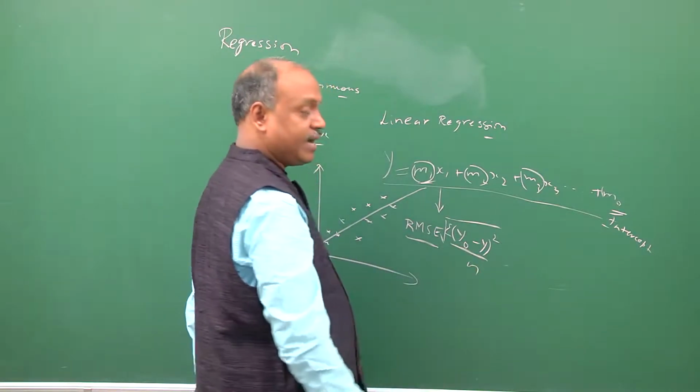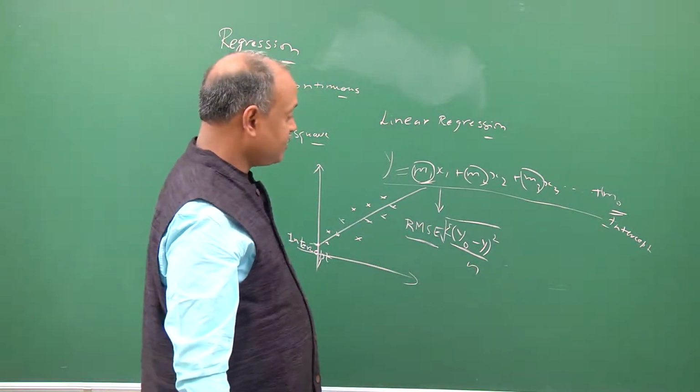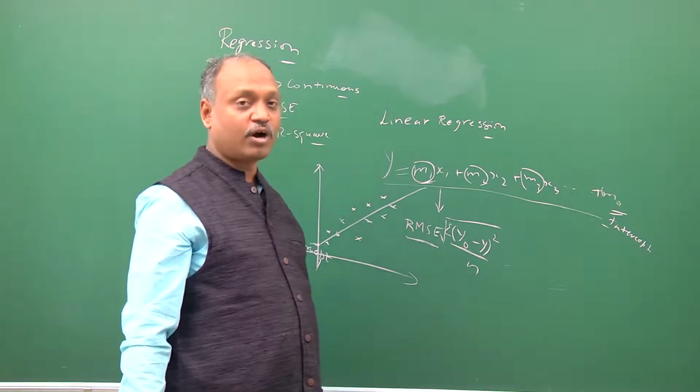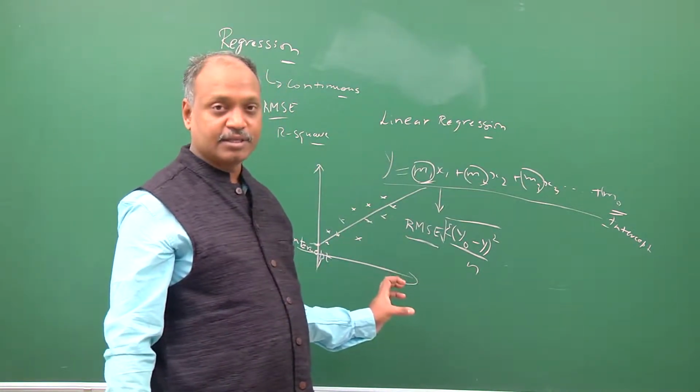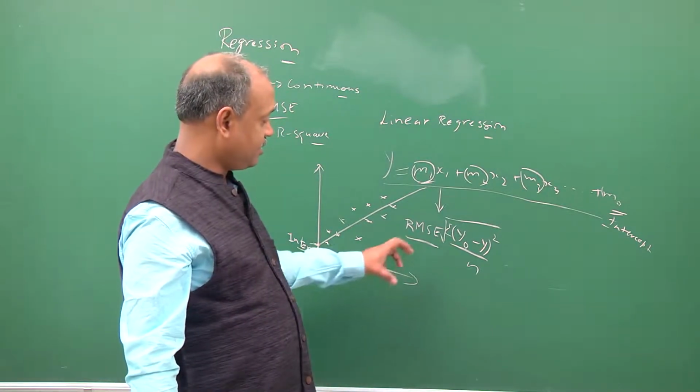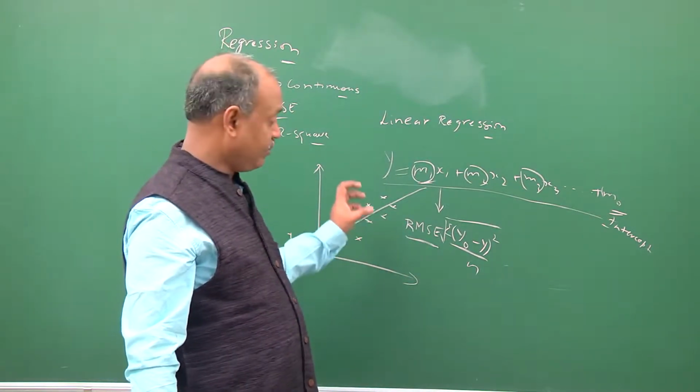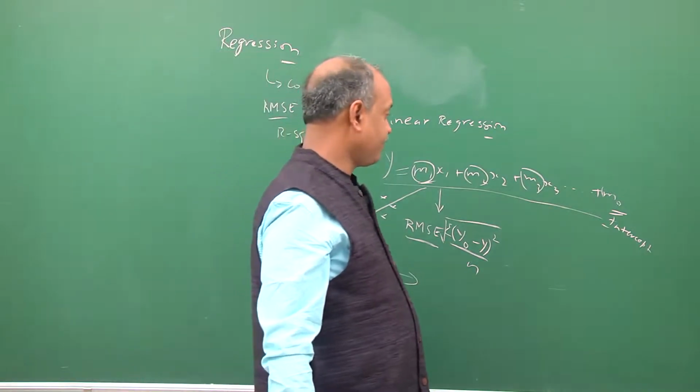The point is RMSE gives you a measure of how far the projected solution is from the original data, by taking a square of the errors, summing them, dividing by n and taking the root of that.